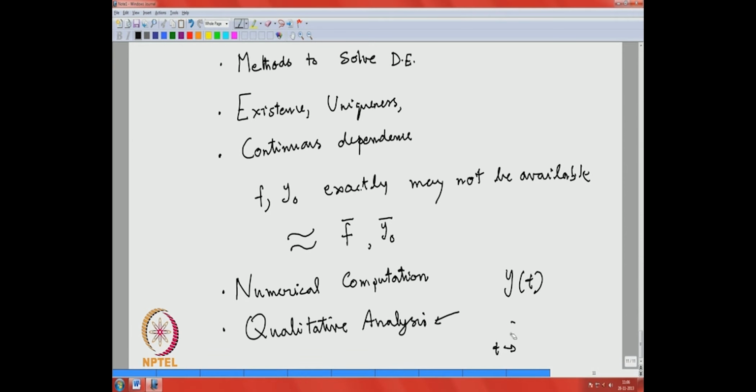You may be interested in the limit as t tends to infinity or as t tends to 0 of Y(t), and such asymptotic behavior, or you may want to know more about the geometric picture. This you will see in qualitative analysis: the phase plane analysis, the phase portrait, and whether your trajectory is stable or unstable, and all that we will be seeing.